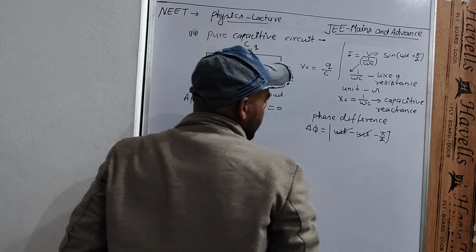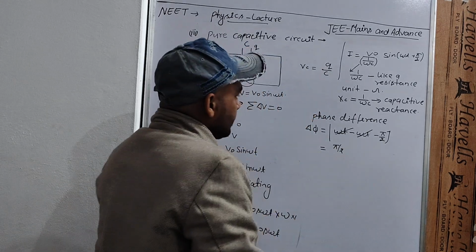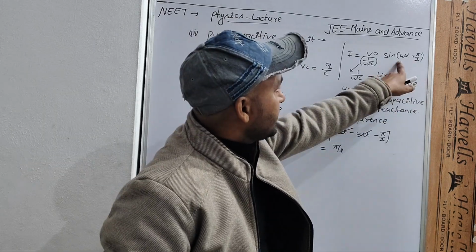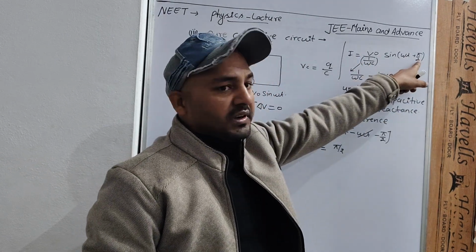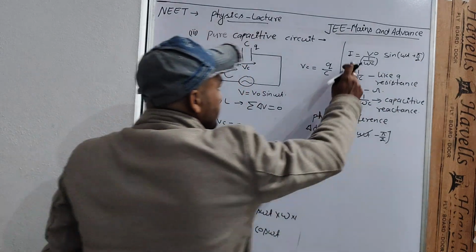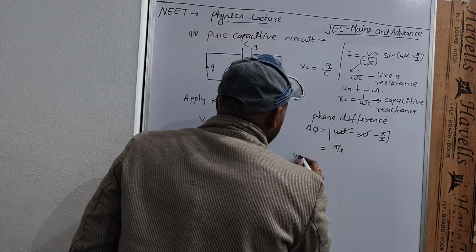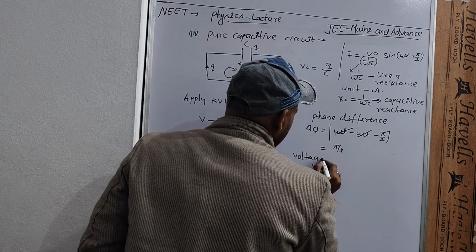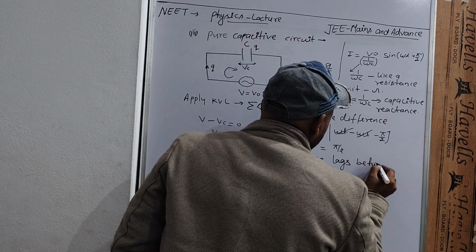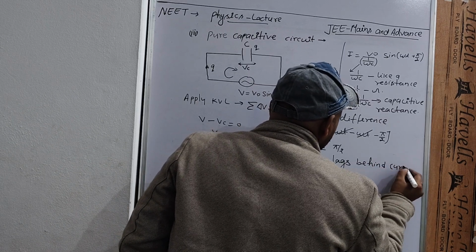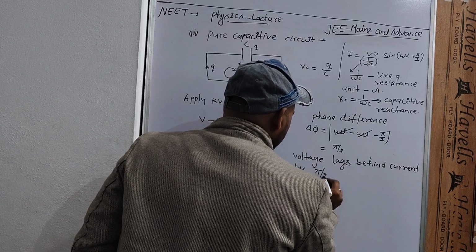Then omega t terms will cancel out, we get minus pi by 2. Hence, as we see from the specification of current and voltage, current leads by pi by 2. So we can say that voltage lags behind current by pi by 2.